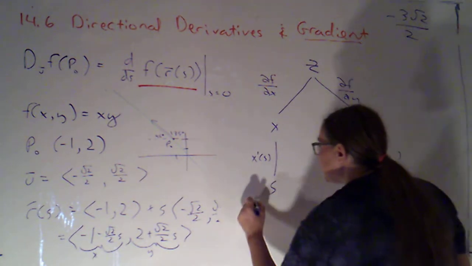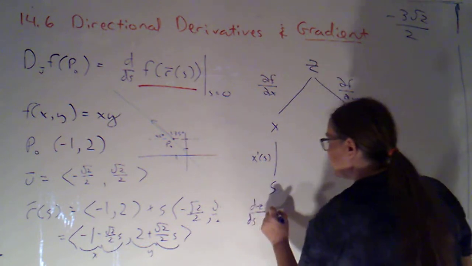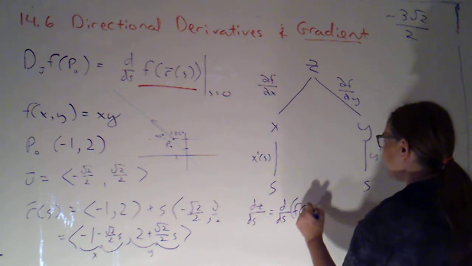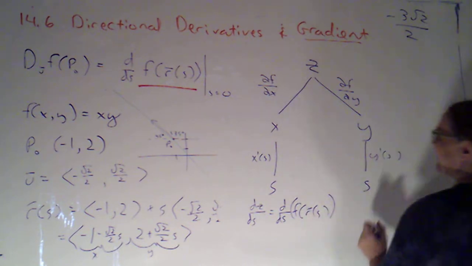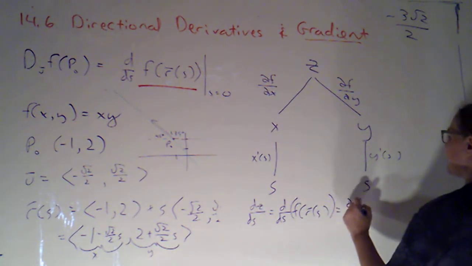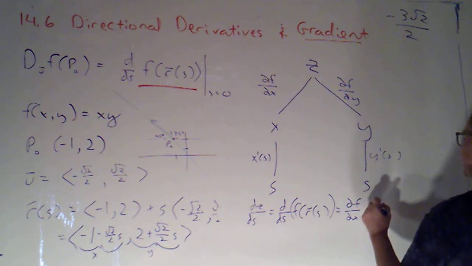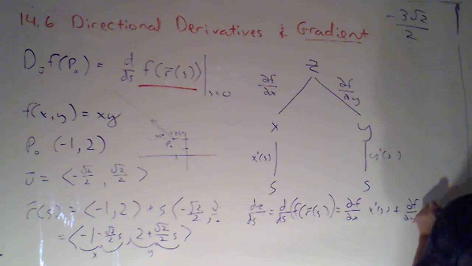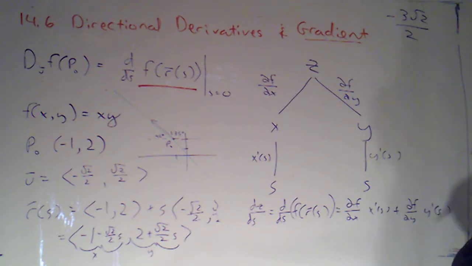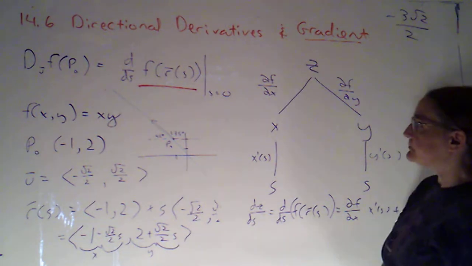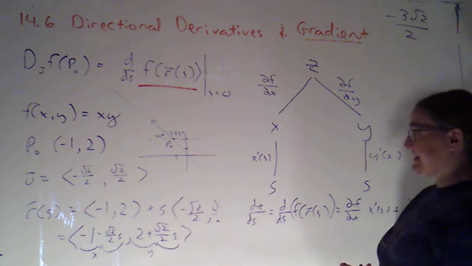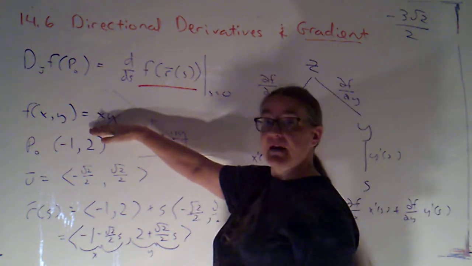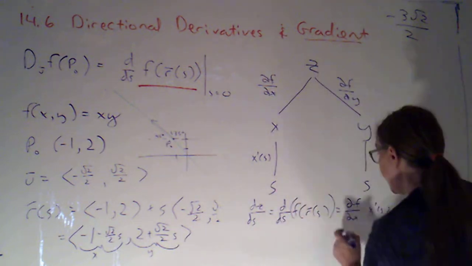So, dz by ds, which is the same as the derivative with respect to s of f of r of s, is partial f partial x, x prime of s, plus partial f partial y, y prime of s. All right, so now let's see what these things are. So the partial of f with respect to x is just going to be y.